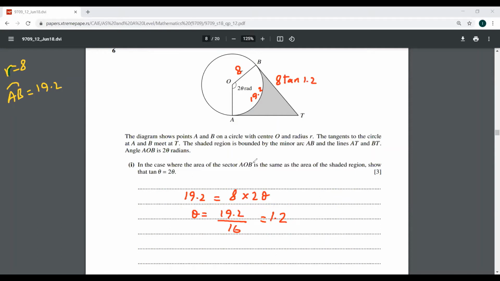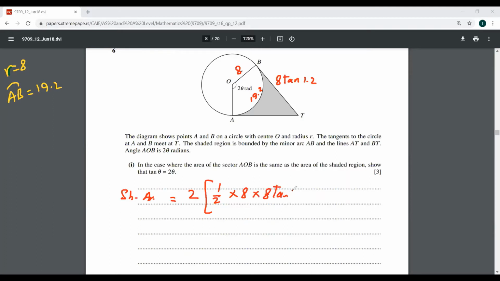So to find the area of the shaded region, that is going to be the total area of this kite minus area of the sector. Can I write it like this? The shaded area is equal to twice half into 8 into 8 tan 1.2.